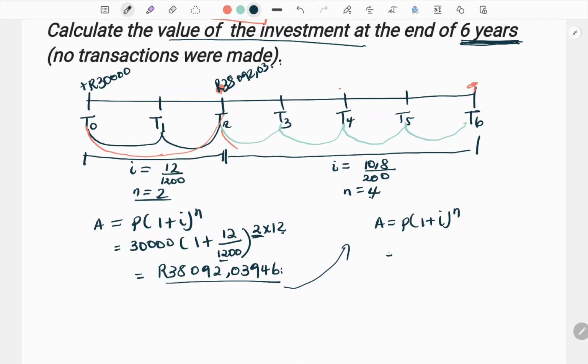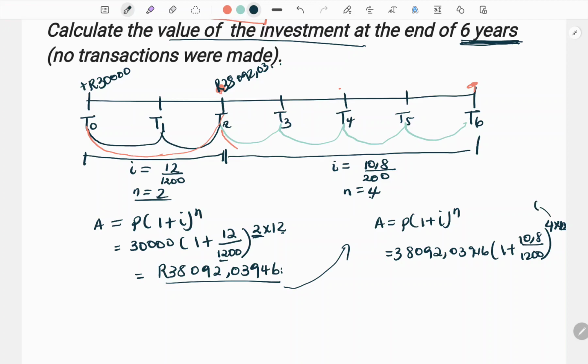Then it's going to be what? What is your P now? 38,092.03946. 1 plus, what is your interest? It changed from 12% to 10.8. 10.8 over 200. Now your n is what?